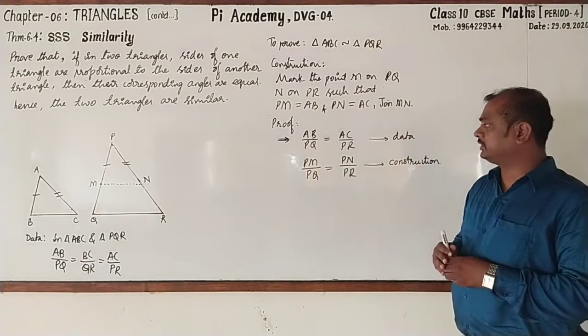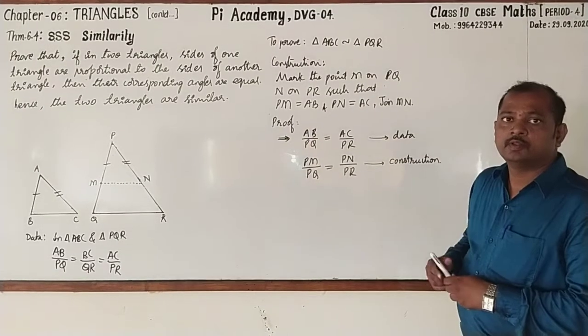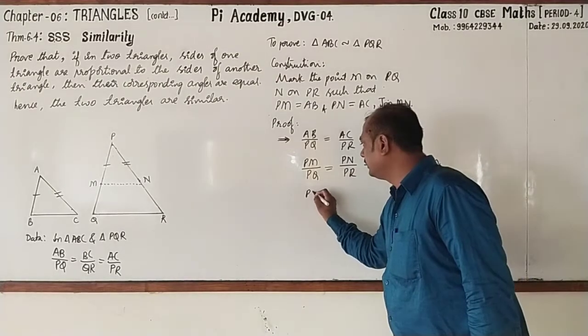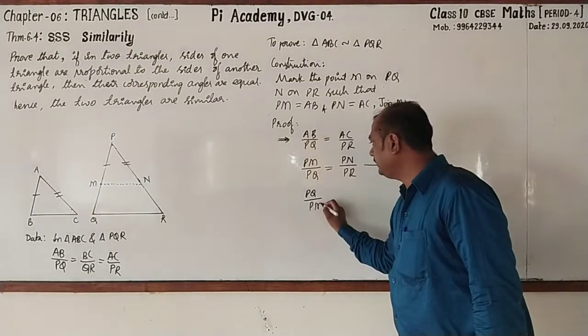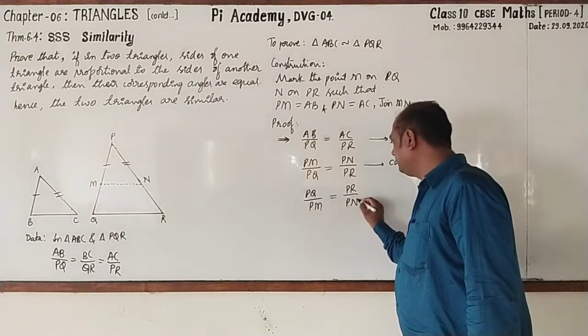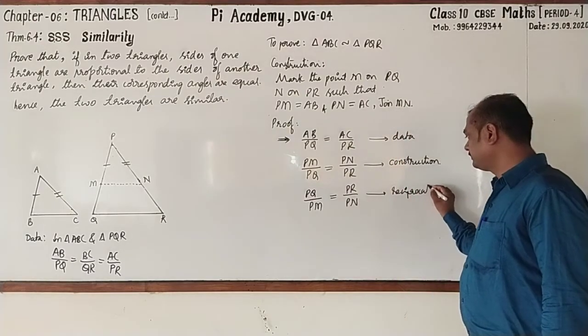Then how to do that? Now let me explain that. So I'll take the reciprocal of these two. Then it will be PQ by PM is equal to PR by PN. Just we have taken the reciprocals.